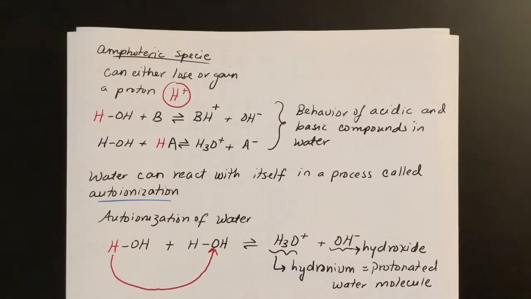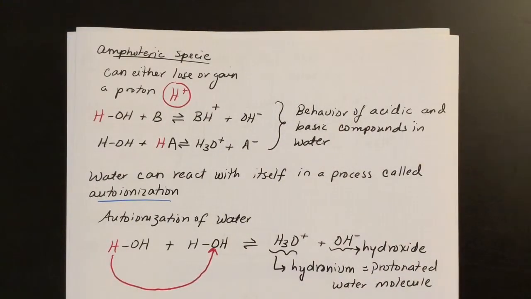So if you have an amphoteric substance mixed with a base, your amphoteric substance will transfer a proton to the base. If your amphoteric substance is in the presence of an acid, the acid will transfer the proton to your amphoteric substance, which means that your amphoteric substance will be acting as a base.